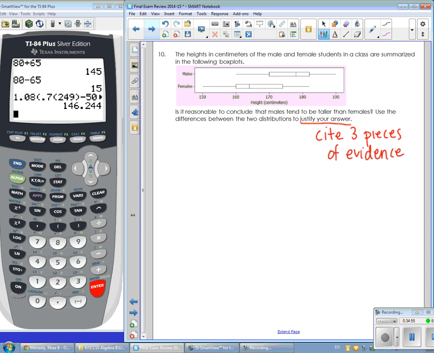So we're trying to say, is it reasonable to conclude that males are taller than females? Well, look at the box plots. I can see that the box plot for males is certainly shifted higher on the axis than the females. But I want to be very specific. So we might want to have a statement saying, yes, it's reasonable to conclude that males are taller than females. Here's why.